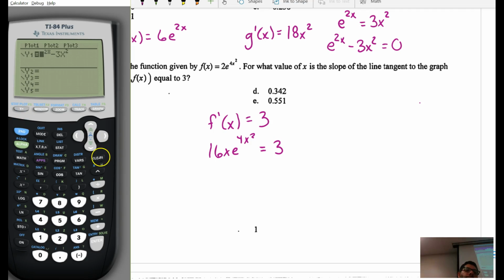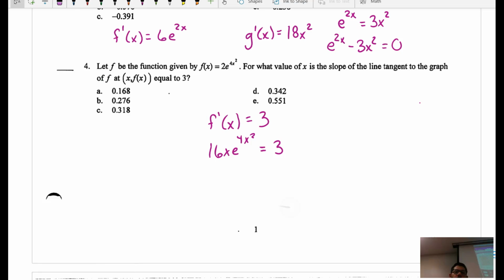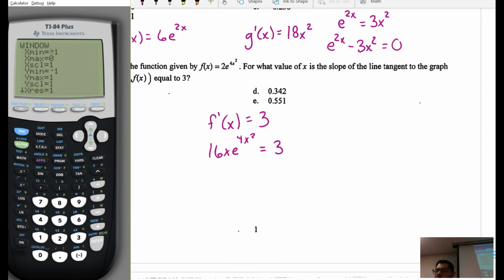So y equals, I'm going to type 16x e to the 4x squared into y1, and I'm going to type 3 into y2. Then I'm going to adjust my window. What x values do I want to see? 0 to 1 is fine.